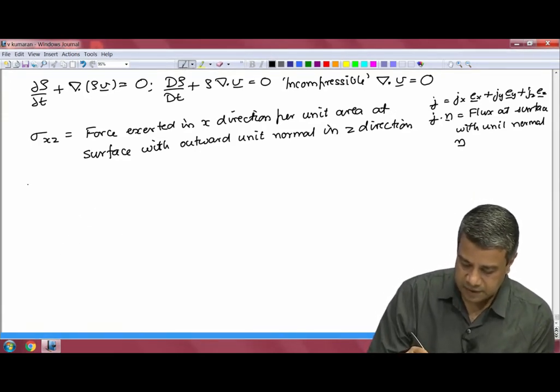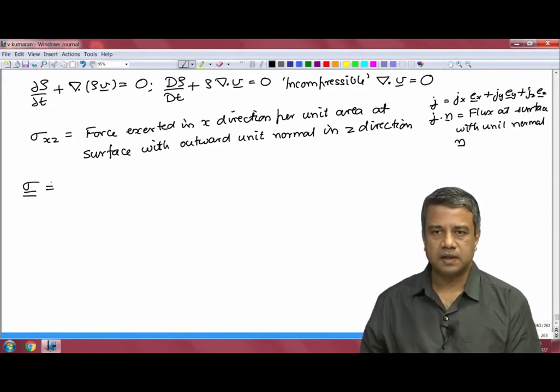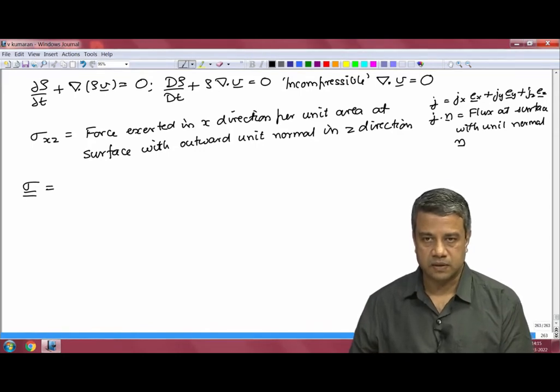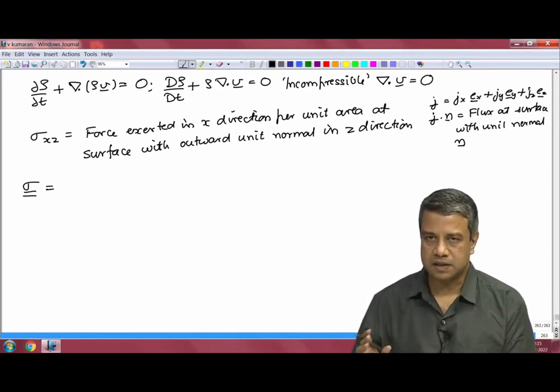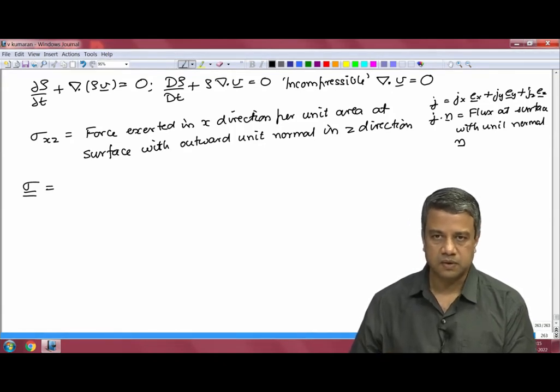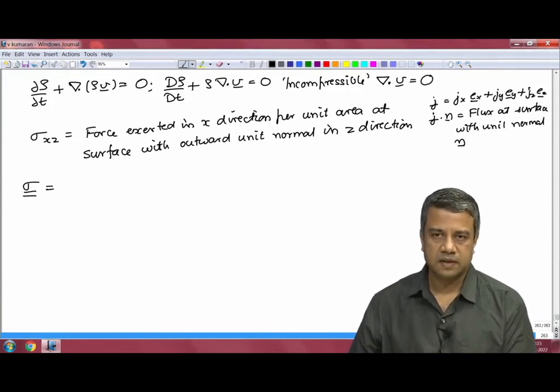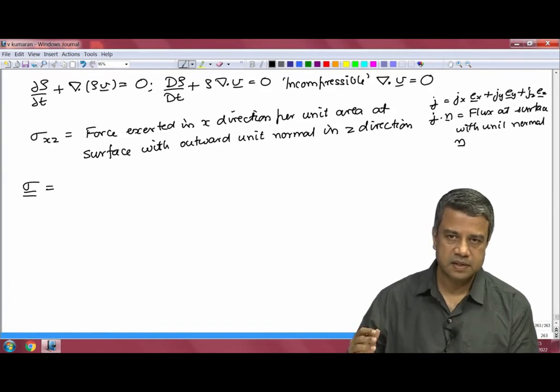Similarly, I can define the stress tensor. A vector is a quantity which has one direction associated with it, in the case of the flux, the direction of transport. A tensor, a second order tensor, has two directions associated with it: the direction of the surface at which the force is exerted and the direction of the force itself.